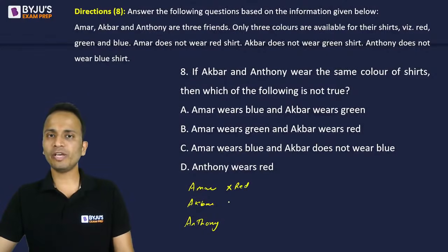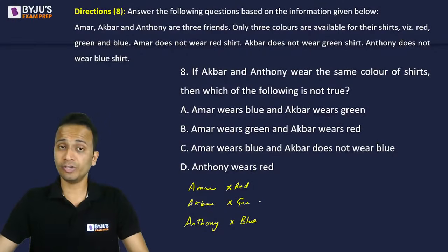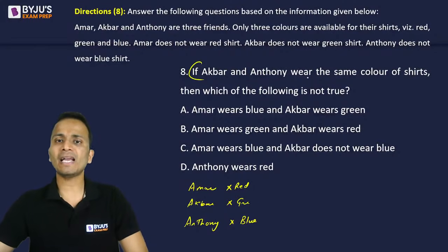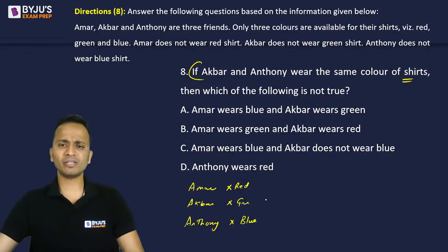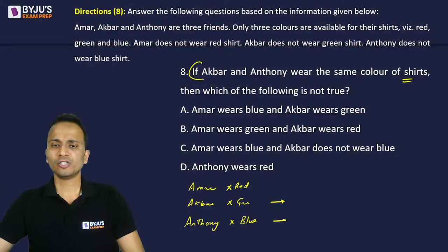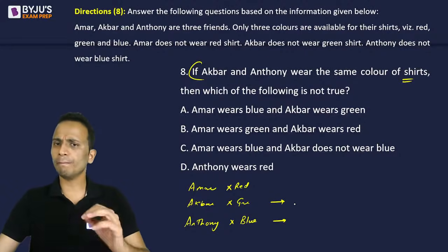So Amar will not wear red color shirt, Akbar will not wear green color shirt, and Anthony will not wear blue color shirt. So these are the colors that they will not wear. So the question says if Akbar and Anthony wear the same color of shirts, they cannot both wear green, they cannot both wear blue.